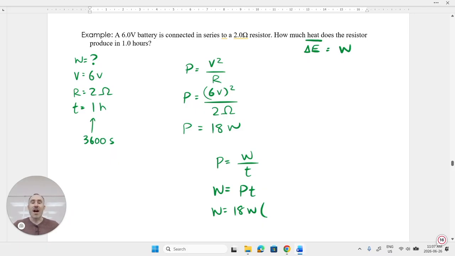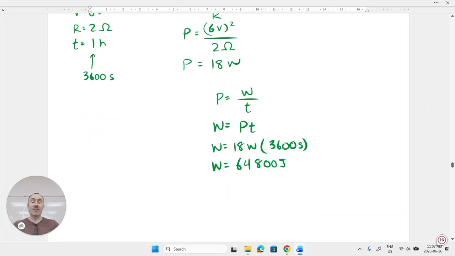But in this case, I know that 1 hour is 3,600 seconds. So 18 watts times 3,600 seconds, and that gives me a work of 64,800 joules.